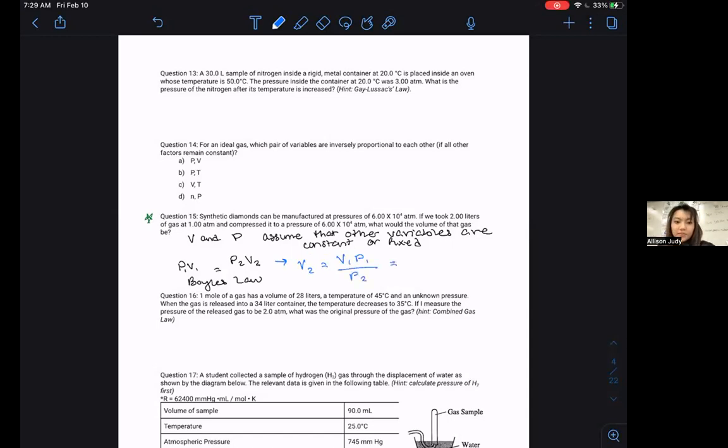And when putting in the numbers, it's 2 liters times 1.00 atm, just for sig fig tracking, divided by 6.00 times 10 to the 4th atm. And we get left with V2 is equal to 3.33 times 10 to the negative 5th liters.